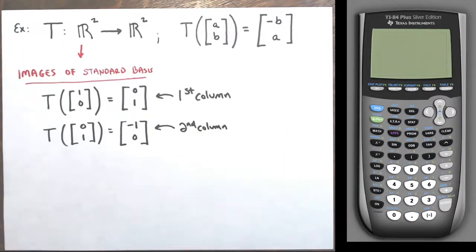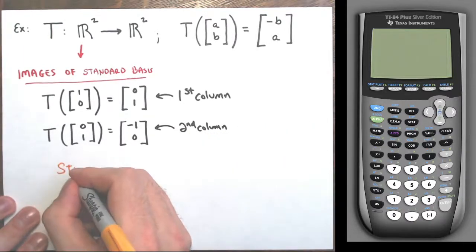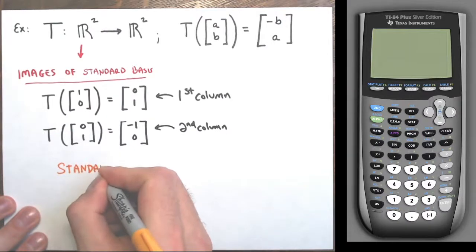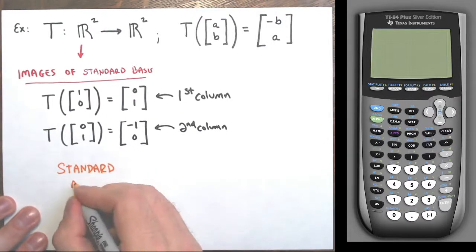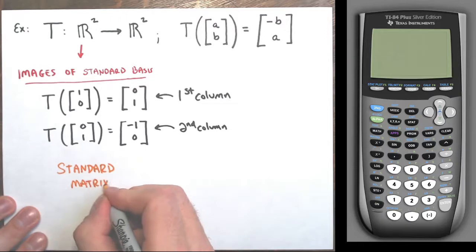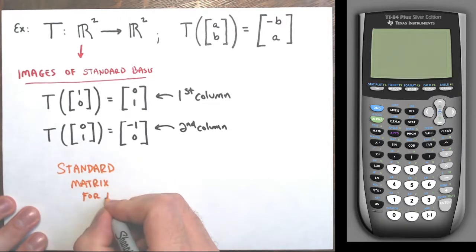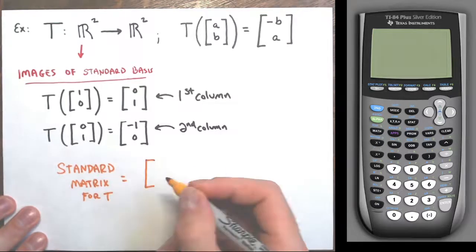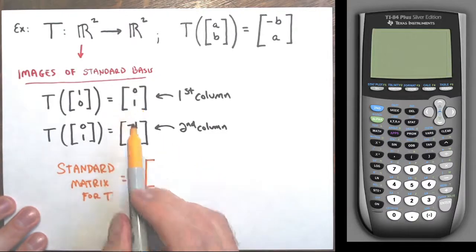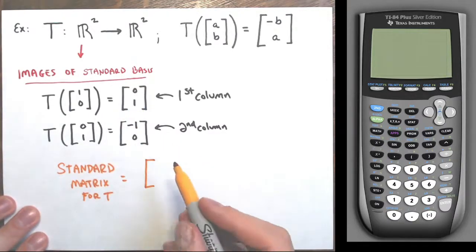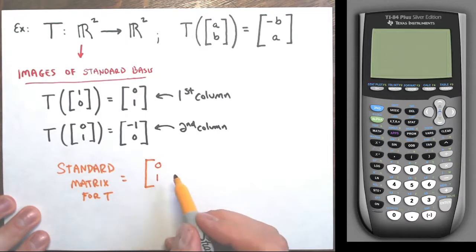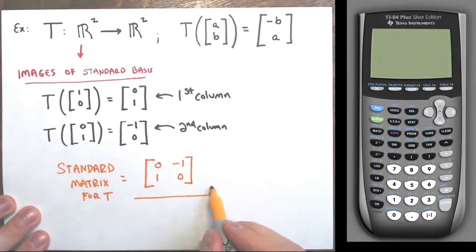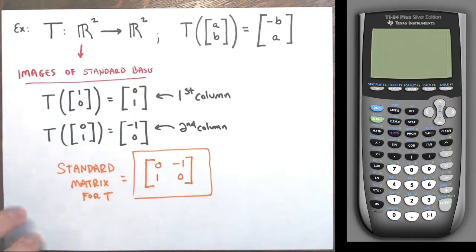All right, so the standard matrix for T is this 2 by 2 matrix, right? There are 2 columns and each one has 2 components, so 2 by 2. (0, 1) for the first column and (negative 1, 0) for the second column, and there you go. If you were just asked for the standard matrix, that's it.